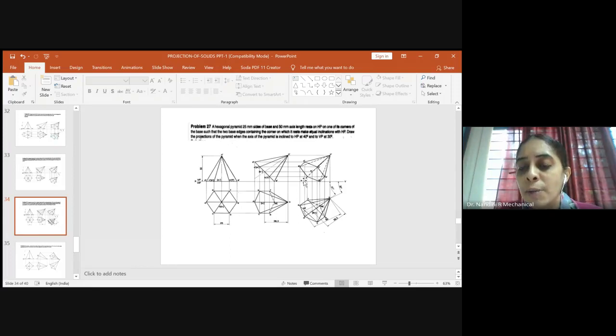Along with that, we have one more corner F dash to O dash which is passing through inside the surface and hence that will be hidden. Okay. Along with that, you have the corner C dash to O dash which is visible.